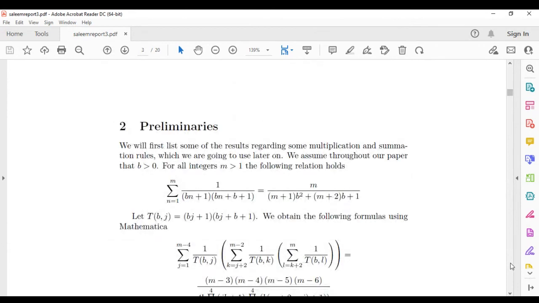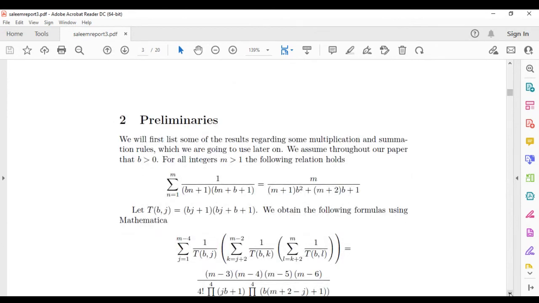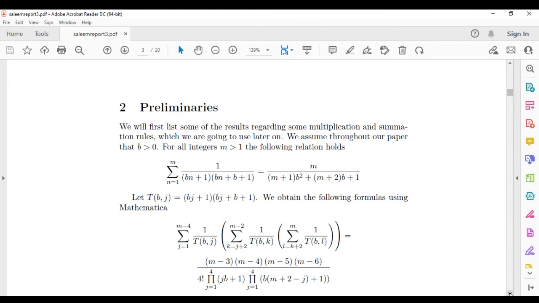We will use computer software, especially Mathematica, in order to obtain some relations concerning the finite summations. We see, for example, this relation. It's easy to verify by using a computer.